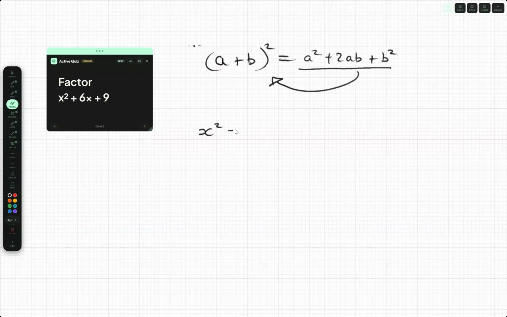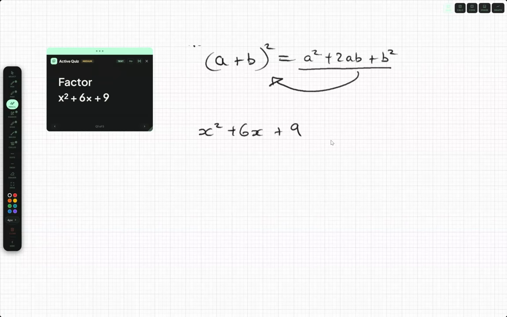So we've got x squared plus 6x plus 9. So if we say that a is x, so we've got a squared plus 2 times a times b plus b squared. Okay, so we know in this one that a is going to be equal to x.